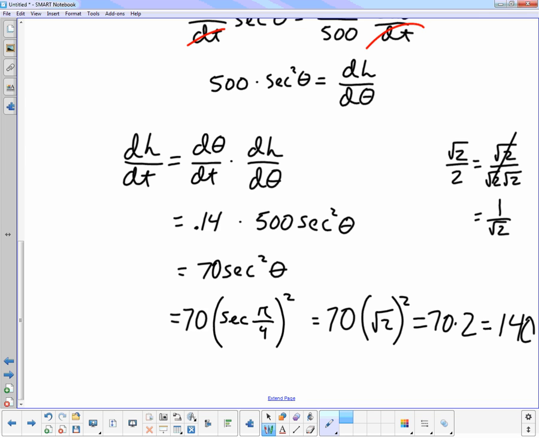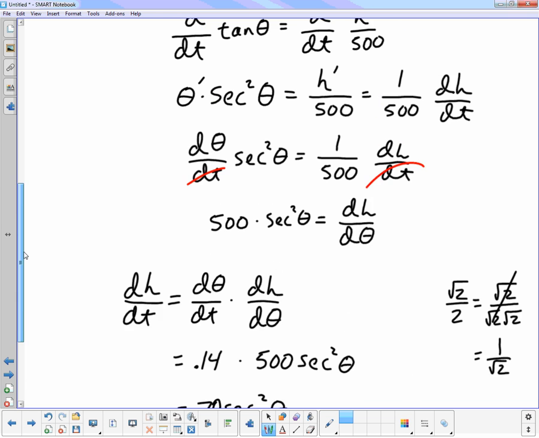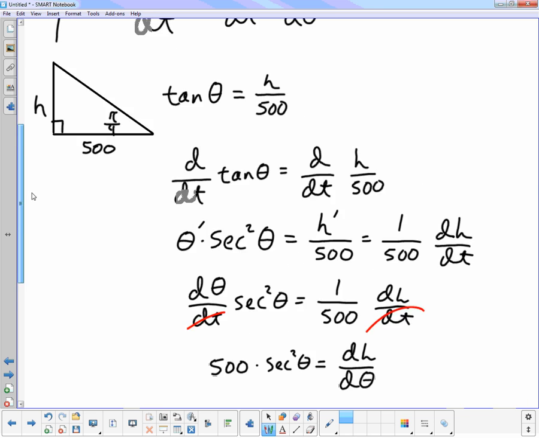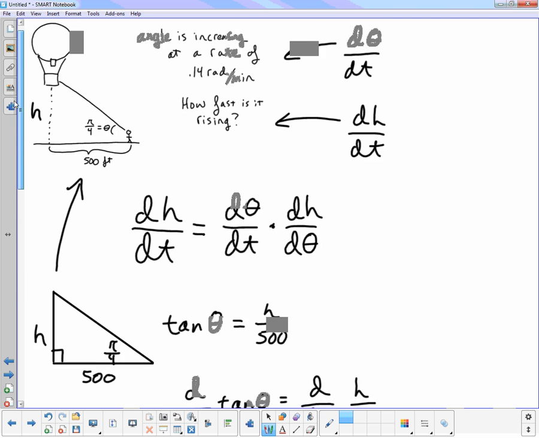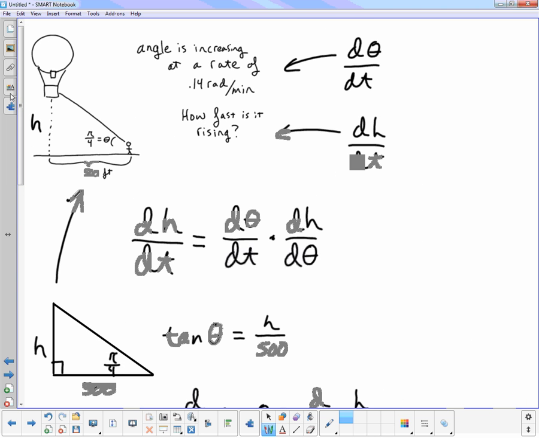So you don't have to solve the first line, but you had it equal to that. I just checked these out. Now you see that here d theta/dt is 0.14 radians per minute. That is me taking a snapshot at a moment.